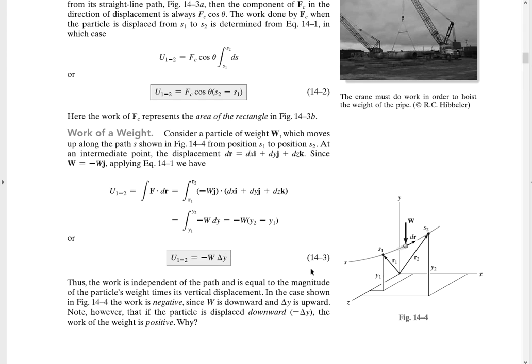So it would be only the difference in elevation, the y coordinate, that is involved in this equation.